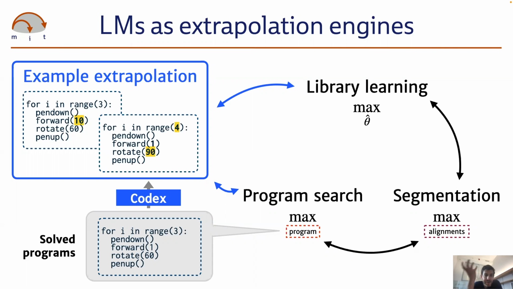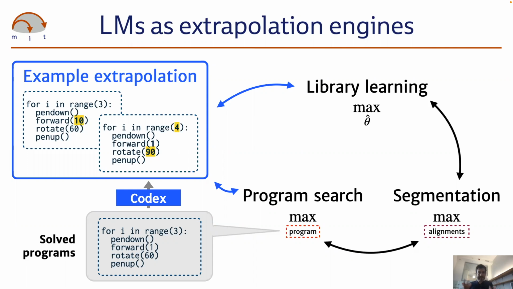Notice that if we just have this single example of a solved program on the bottom left, and we tried to compress it, it's not clear what we should be trying to compress at all, because no piece of this program looks naively any more compressible or any more reusable than anything else. We have one program, and we don't know which pieces of it are going to be reused or not. We go to a big language model and say, give us more programs that look like this.